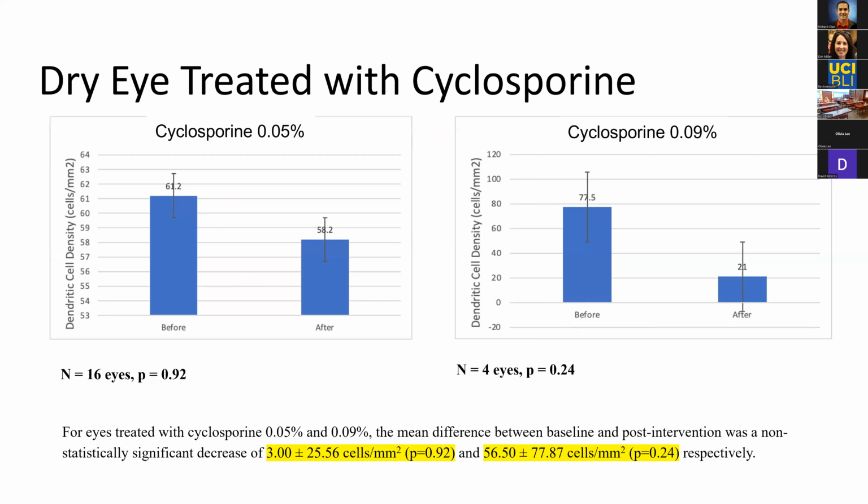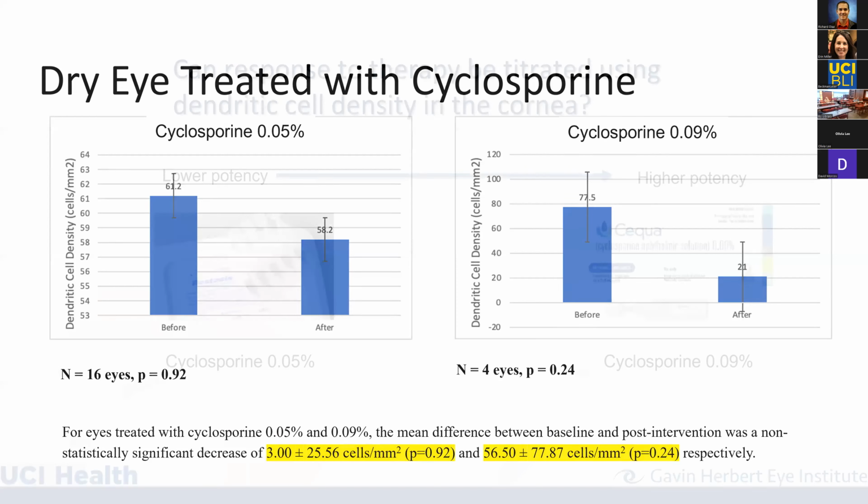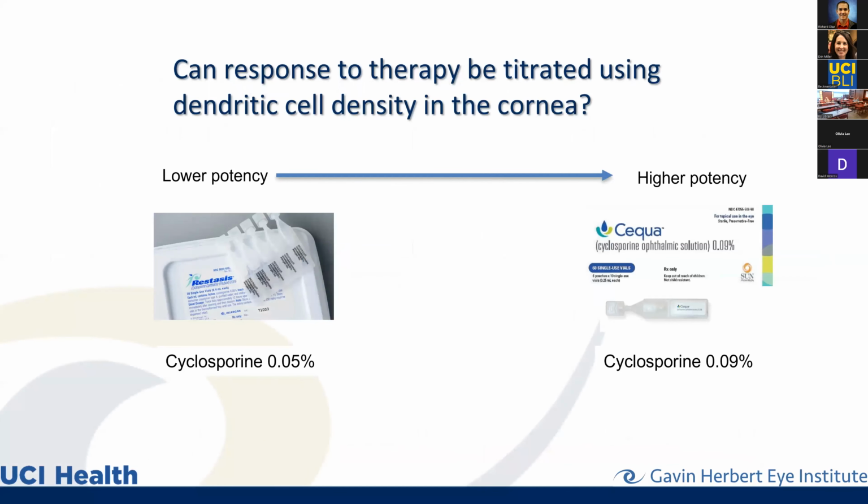And so we're continuing this now, but I'm thinking already to the next step: can response to therapy be titrated using our confocal microscope detection of dendritic cell density in the cornea? So we're thinking about starting a clinical trial, where we start the patient who has dendritic cells in the cornea on the lower potency drug, give it a couple of months, see it decrease.